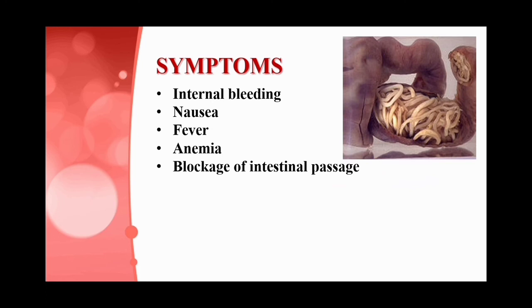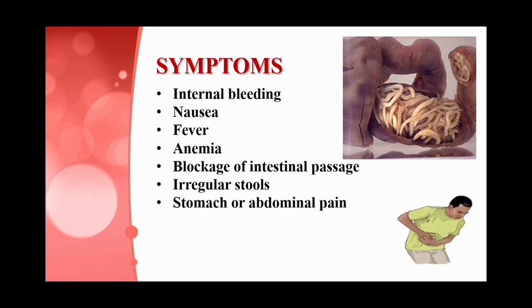It causes difficulty passing stools, so irregular stools, stomach pain or abdominal pain. When the larvae reach the lungs, it causes discomfort in the chest and leads to breathing problems.